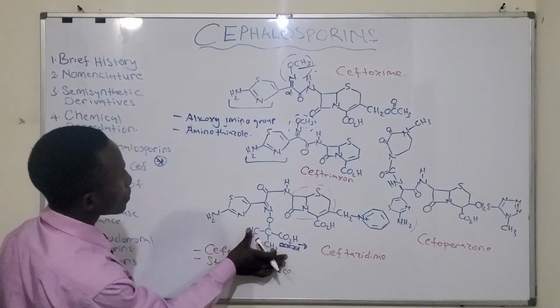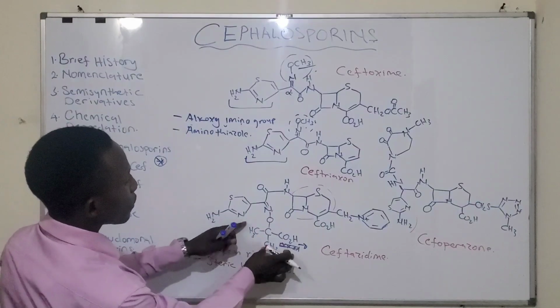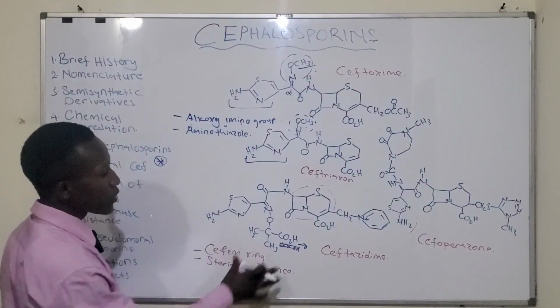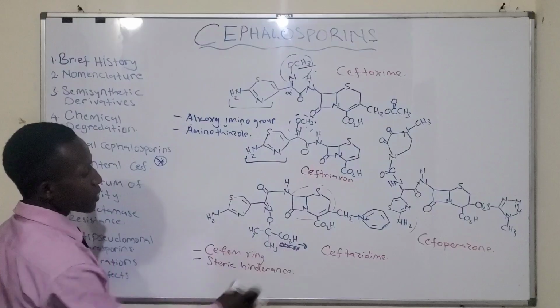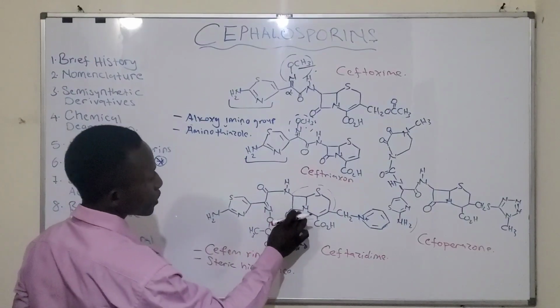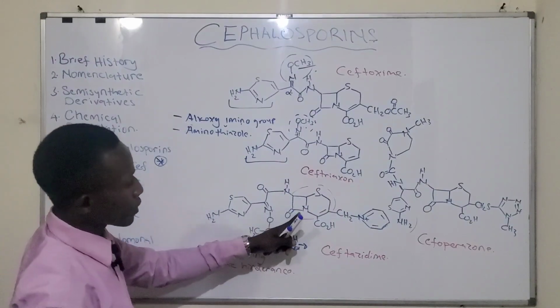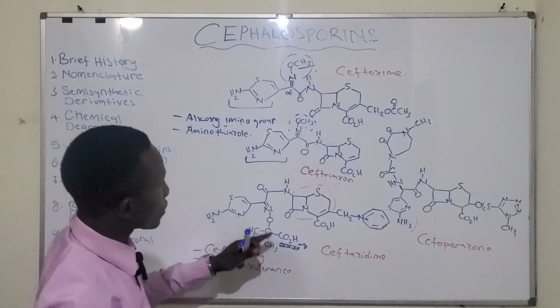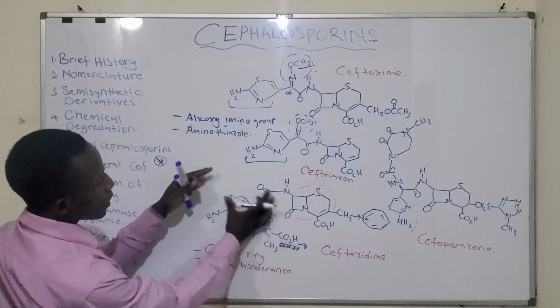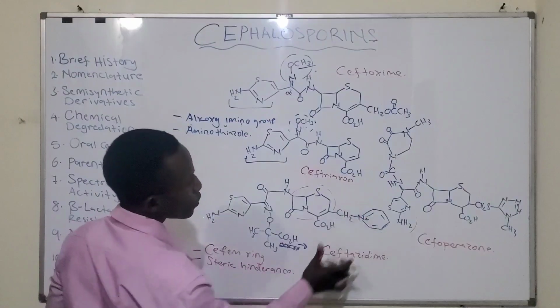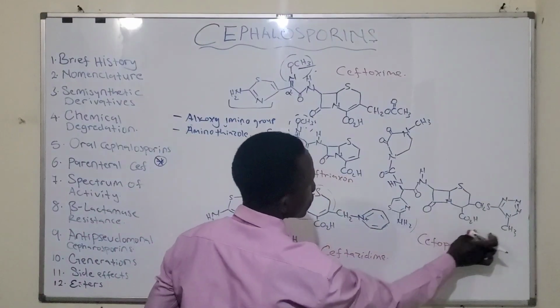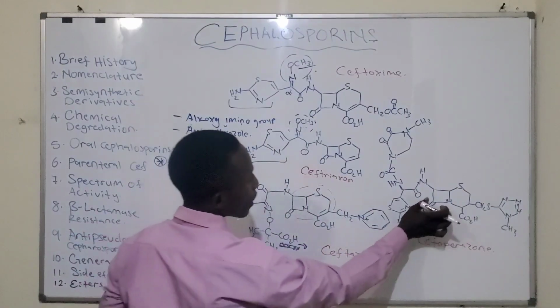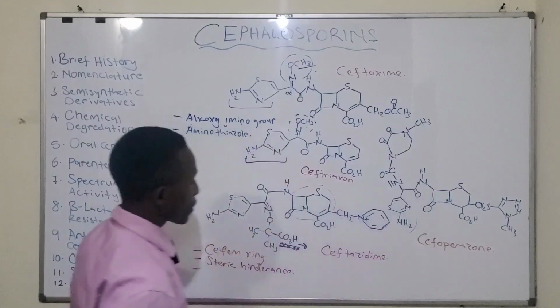For example, you find this group. The structure is complex, so it resists the beta-lactamase enzyme breaking the beta-lactam ring. Steric hindrance is achieved by this R group and also this group. These groups resist the beta-lactamase reaching the beta-lactam ring.